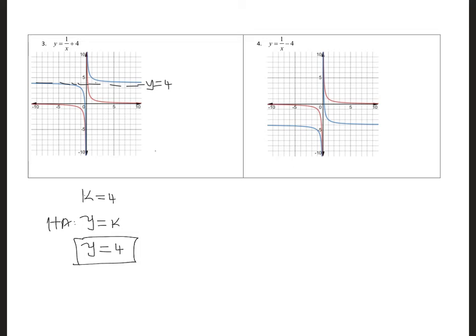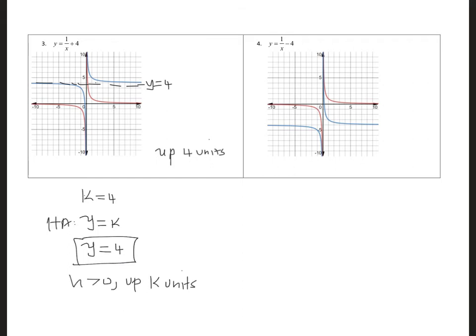And remember here it moves up 4 units. You see the graph is moving according to the number of k. I want to give a general situation: it moves up k units.